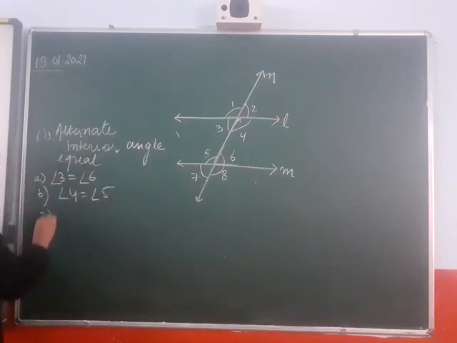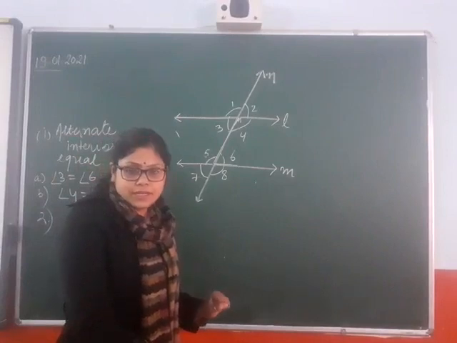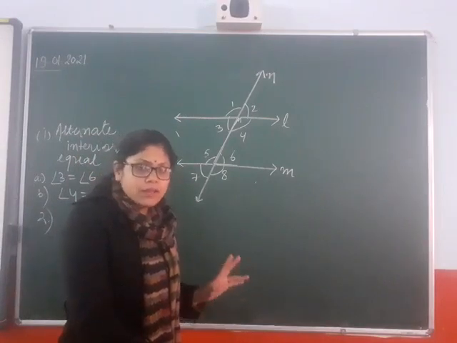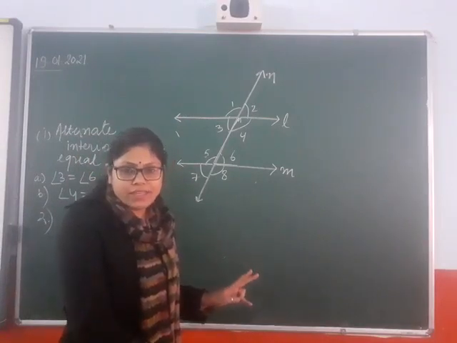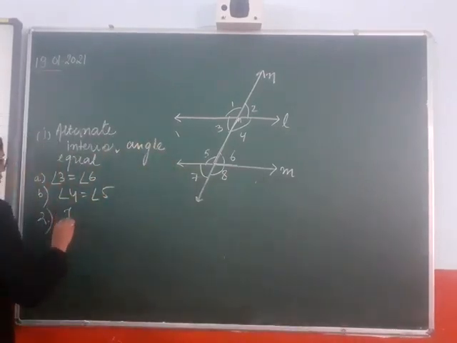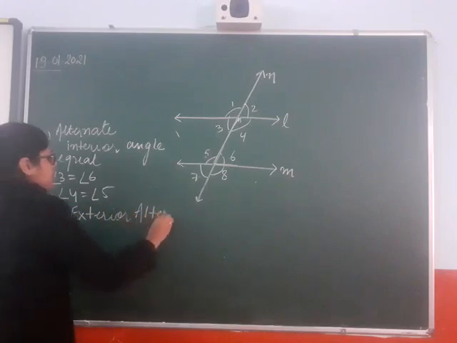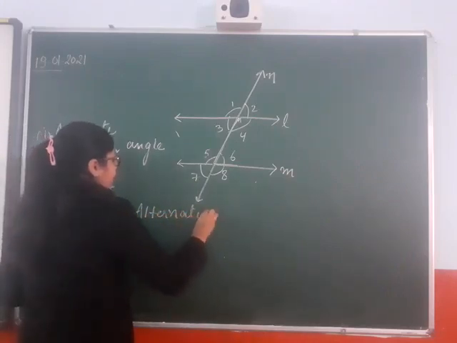Now, second one. What we studied: exterior alternate angles. Again, we got two pairs of exterior alternate angles, so now exterior alternate angles are equal.